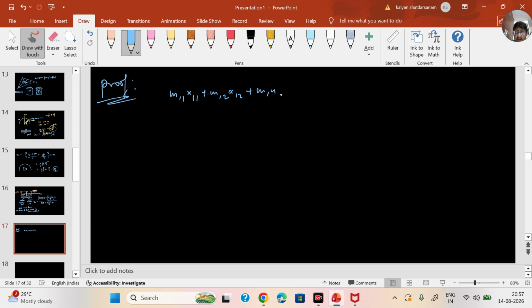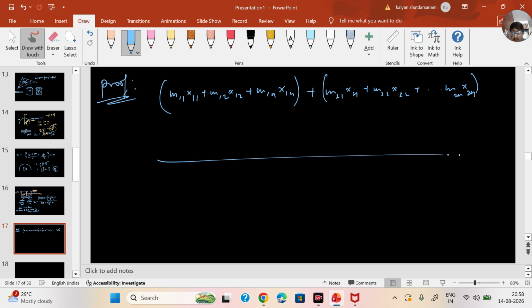Plus the circular plate also, m21 x21 plus m22 x22, finally up to m2n x2n. You are chopping it into many particles like this, divided by the total mass, which is m11 plus m12 plus m21 plus m22, and so on.